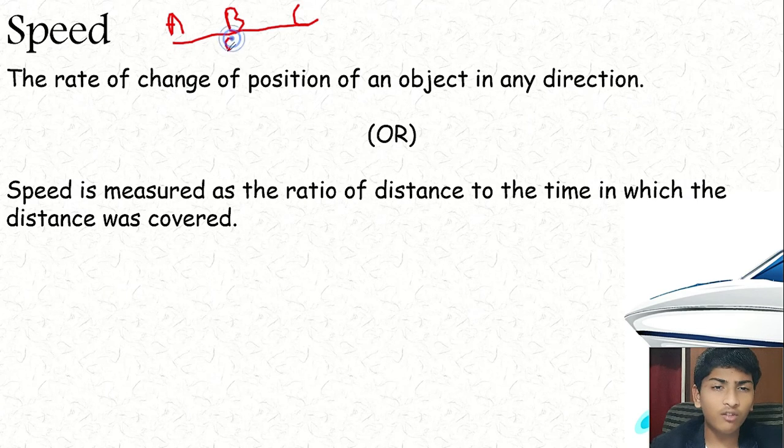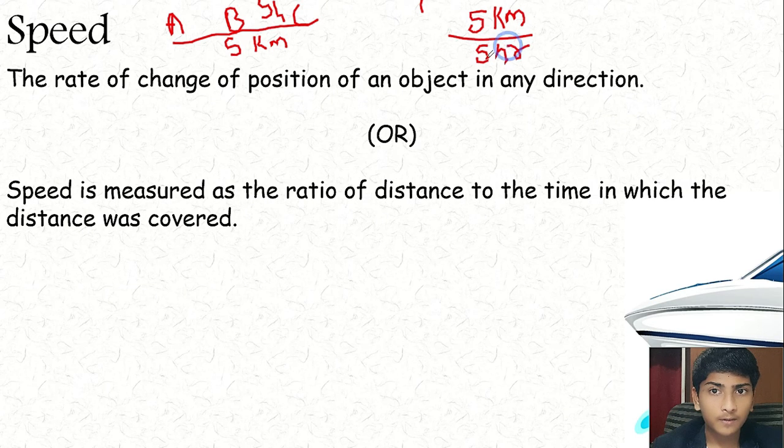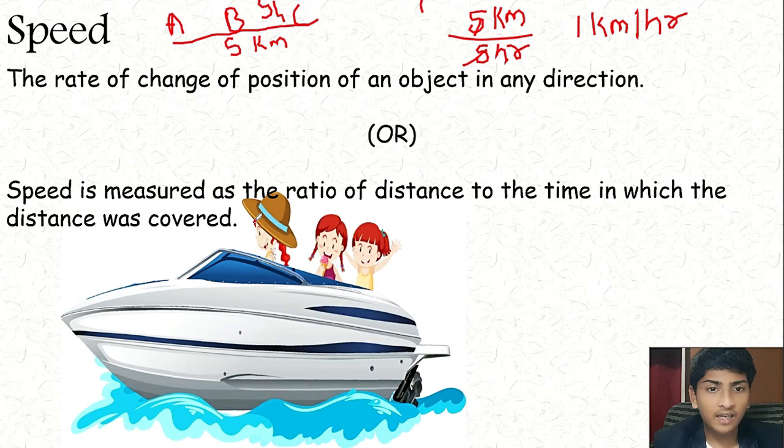If this was a total of 5 km covered in 5 hours, then it is total distance, 5 km, by 5 hours. Here it cancels, so 1 km per hour. The speed is 1 km per hour. This definition also gives us the formula. Here this is the movement of these children on the sea with a boat. It travels some distance in a certain time.